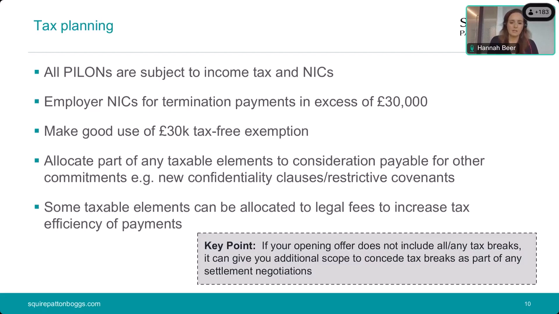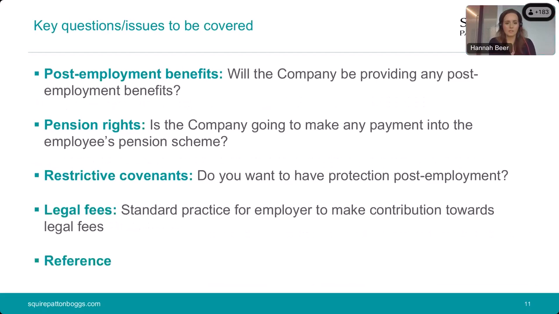And that means that the lawyer who's advising the employee has an opportunity to say to the employee, look, they've done what they can for you within the parameters of the legislation, and it gives a better chance of entering into the agreement overall. I'll hand back over to Lizzie now to cover some of the other key areas.